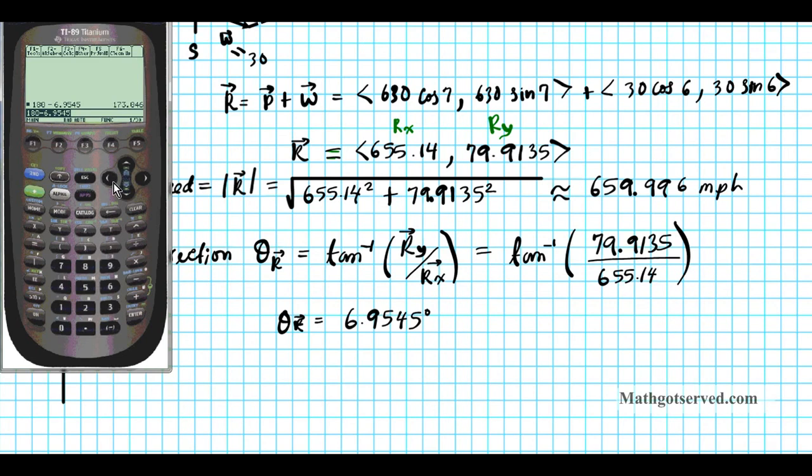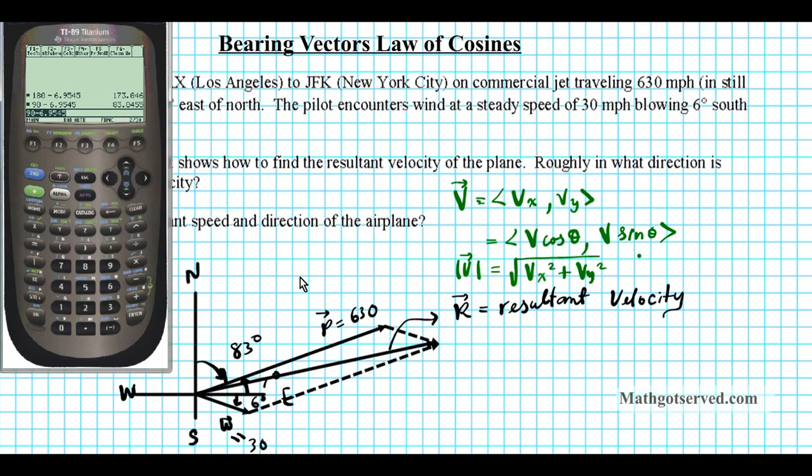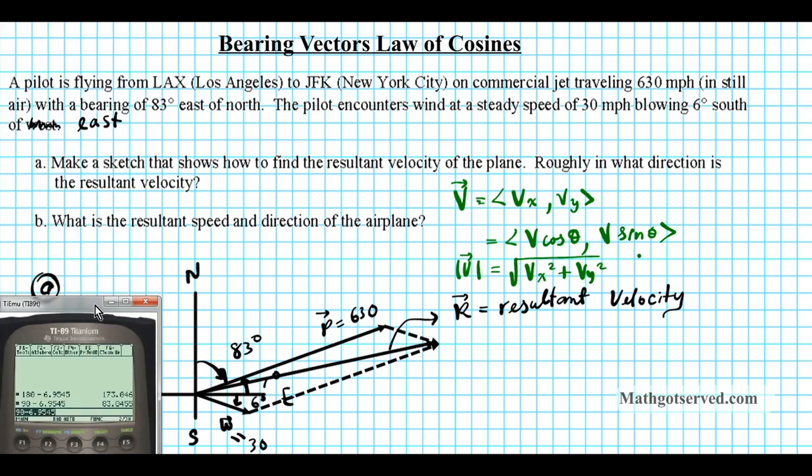Subtract from 90, sorry about that. So we're going to subtract it from 90 degrees to get the bearing. So it's going to be 83.0455. Let's see, where were we to round it to? No indications here.